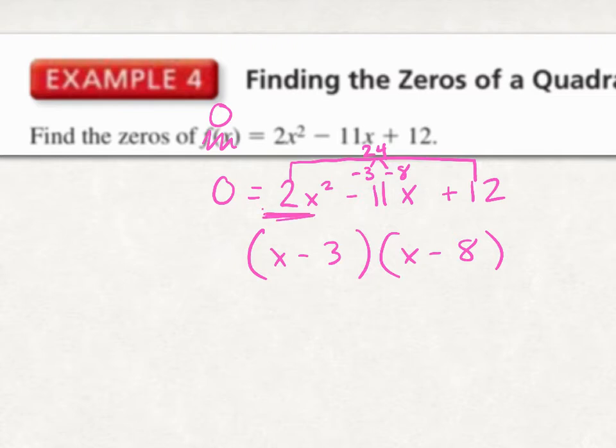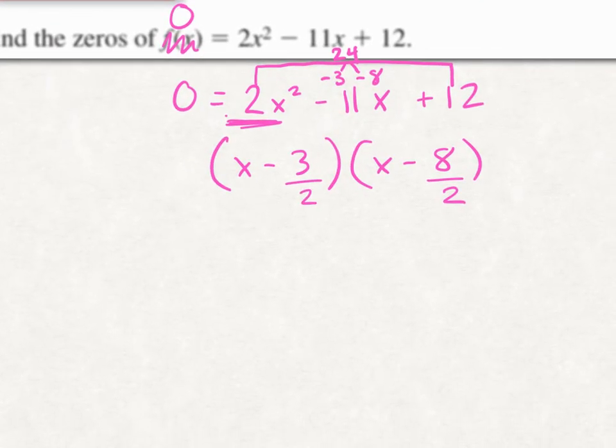We can't forget about this 2 out front. We need to divide both of our numbers on the inside by 2. It's a positive 2, not a negative. We simplify if it can be simplified. If it can't, we move it in front of our x. So 3 over 2 cannot be simplified, so we move the 2 in front of our x. So we have 2x minus 3.